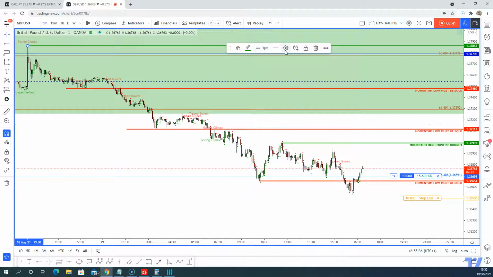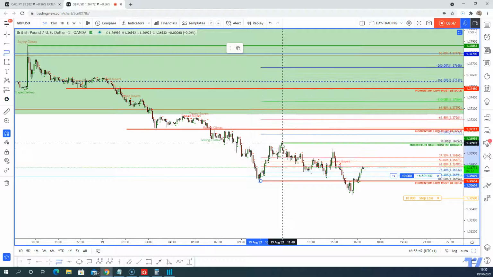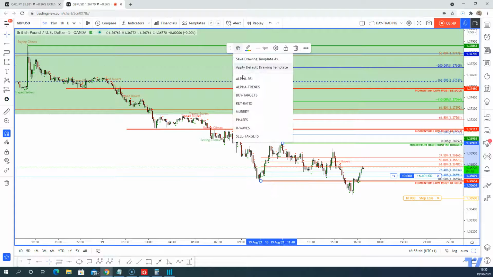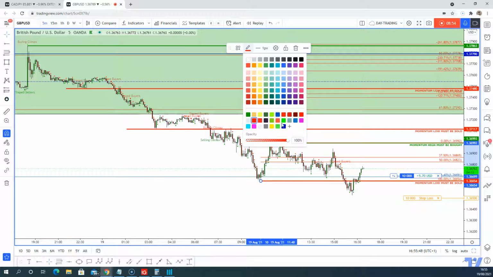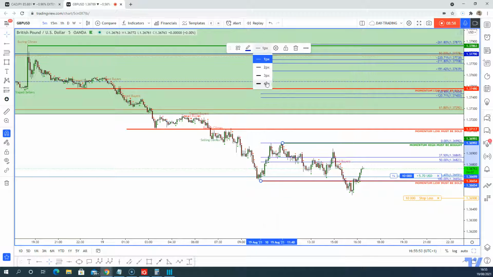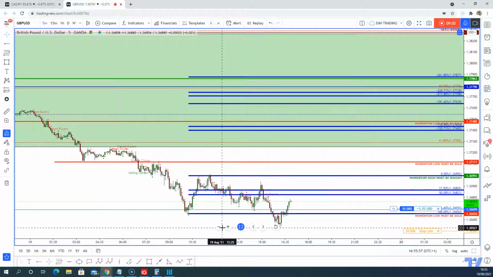In terms of projection, we can use this low to this high, and I will use a different color. Look at that.